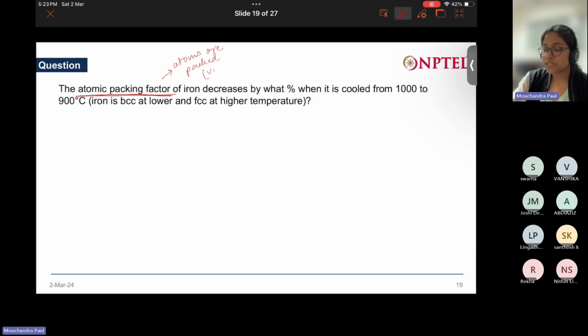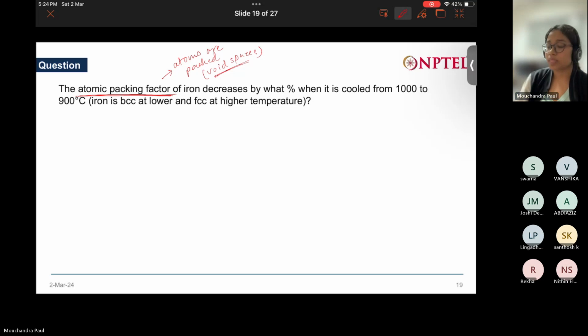Are there any void spaces? This type of question helps you understand that. The higher the atomic packing factor, the higher the number of atoms and the less the void space.